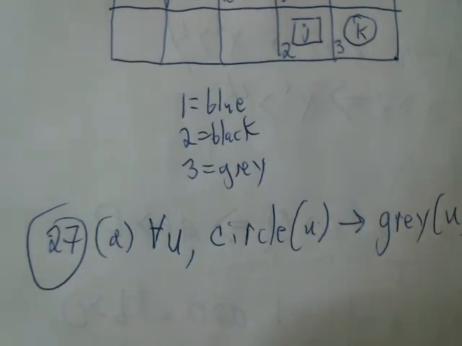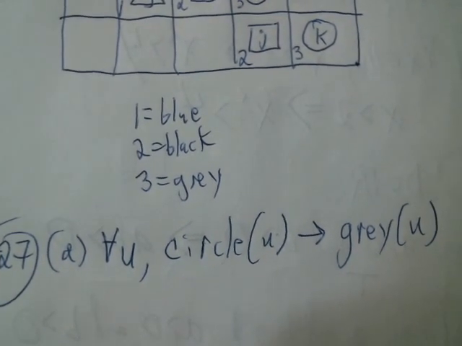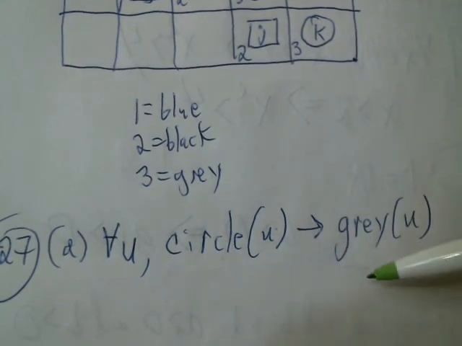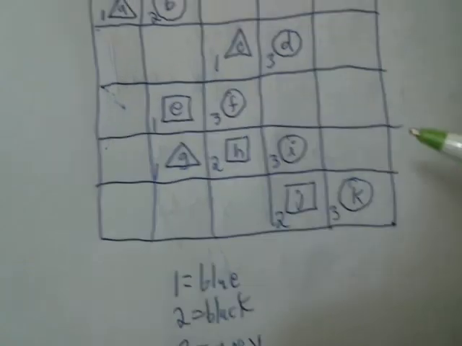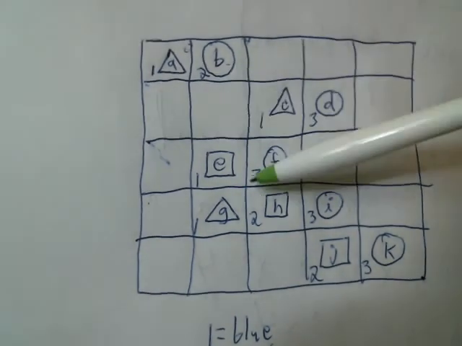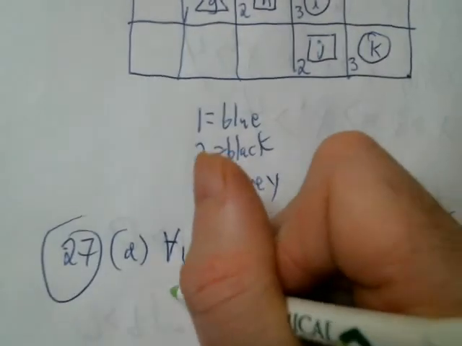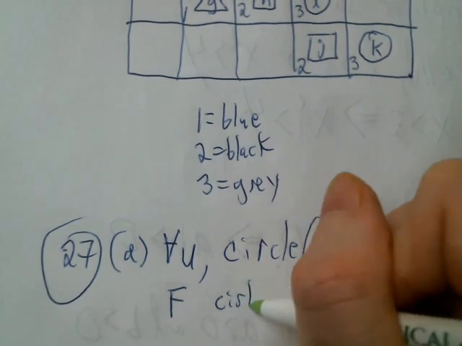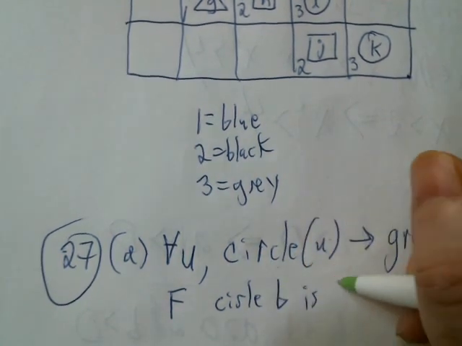You got to determine if that's true or false. Basically for all circles, they have to be gray. So you go back and look at all the circles. Circle B is black. So no, this is not true. It's false because circle B is black.